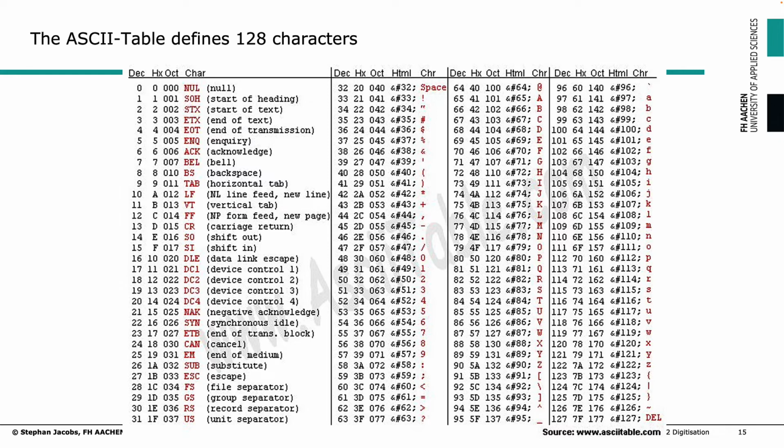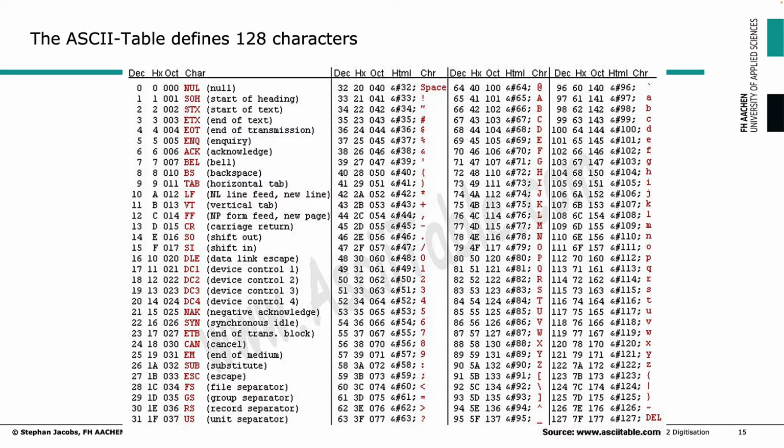This ASCII table was actually designed for moving from typewriters to computers. And typewriters have special keys. For example, you have key number 13, CR, carriage return, which brings the carriage back from right to left.